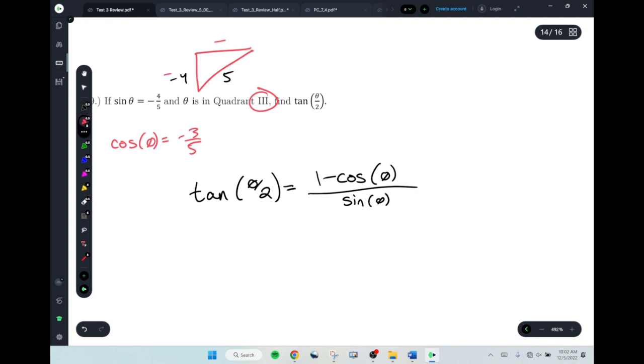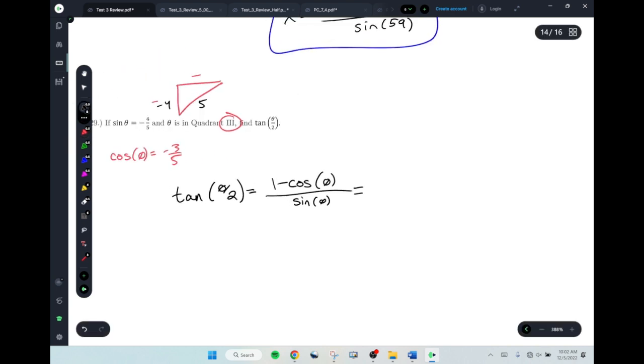That's what I was trying to remember, that it included a 1. So we go 1 minus negative 3 over 5. Wait a minute, isn't tangent supposed to be opposite over adjacent? Yes, but this is just a formula. I will give you this formula. He just pulled it up from the notes.